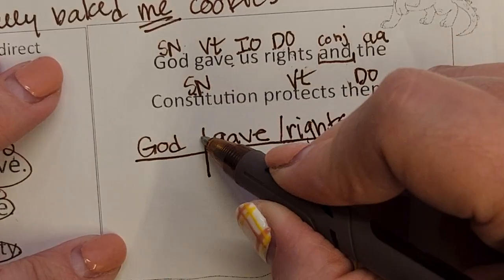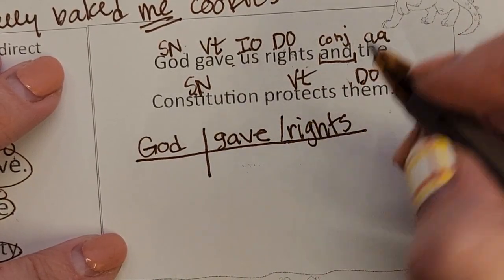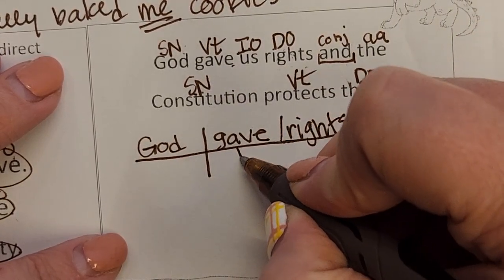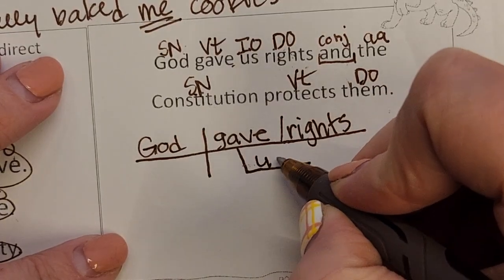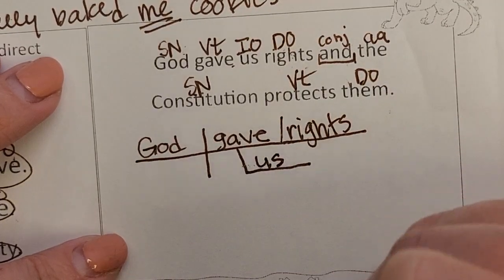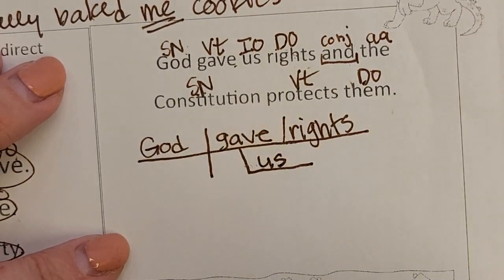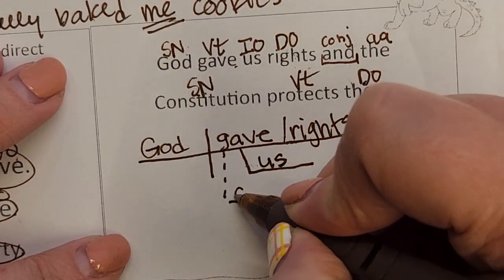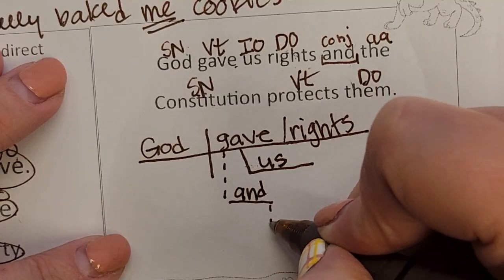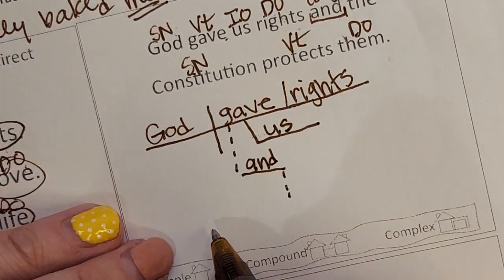Now, is this repeating, reflecting? Nope, so it's going to stay straight up. God gave. We put our indirect object right here. Us. Rights. Very good. Now we have our coordinating conjunction on this little shelf, and we're going to do our next part.